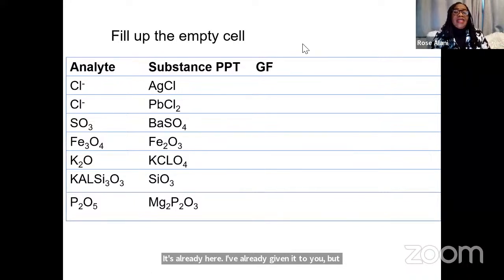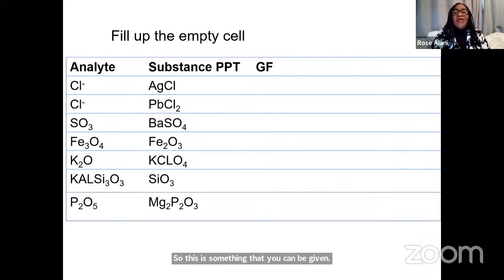You have analytes here that I give to you. I also give you the precipitate, and I want you to give me the gravimetric factor. You know how to calculate the gravimetric factor. So you use the particular analyte that I'm asking you, and then the particular precipitate, and calculate the gravimetric factor. This is something that you can be given in the exam.